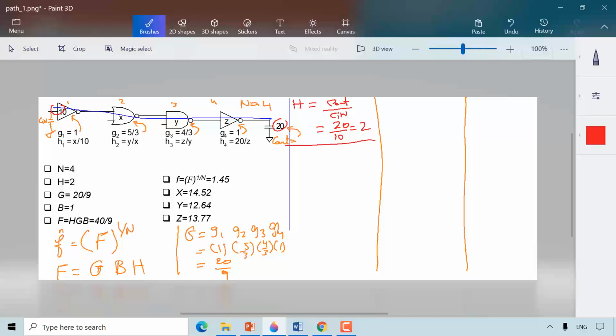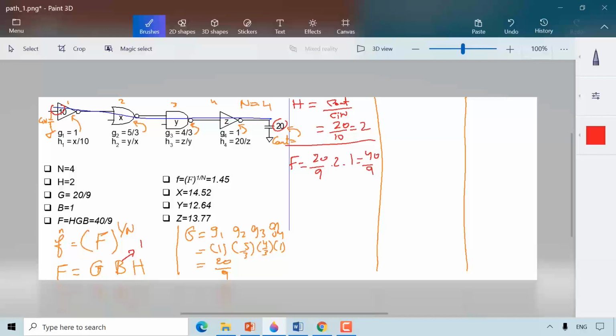This is the H for the path. Now the B, we will assume it is equal to 1 for now. So F equals 20/9 times 2 times 1, and that is equal to 40/9.